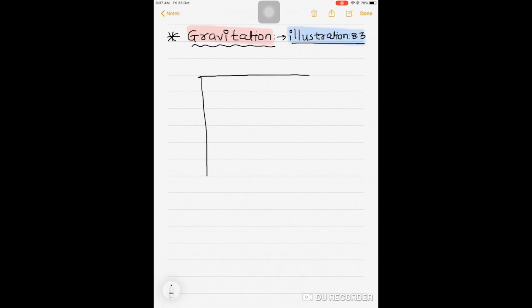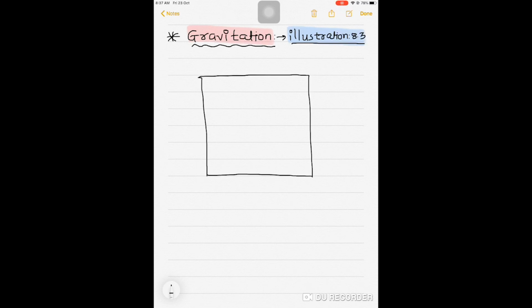We are given that in this illustration, we have to find the potential energy of a system of four particles placed at the vertices of a square of side small l. Also obtain the potential at the center of the square.